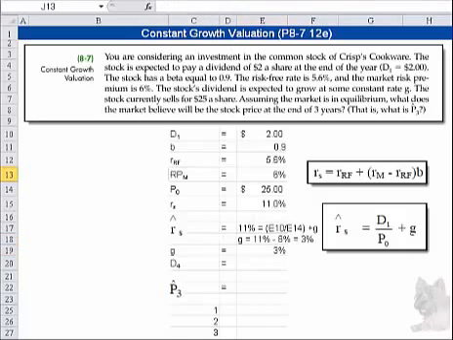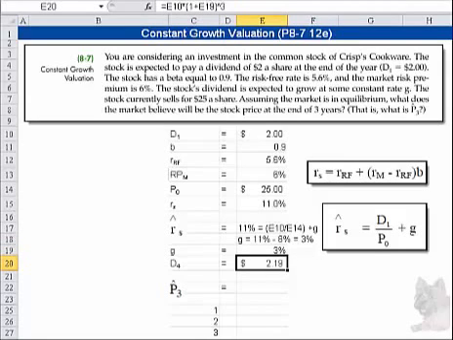And when we do that, we basically say G would be equal to the 11%, the required rate of return, minus the 8% dividend yield. So hopefully you see, I know R hat sub S, I know D sub 1 and the current price, P sub 0, and then we're solving for growth. So we get 3%.